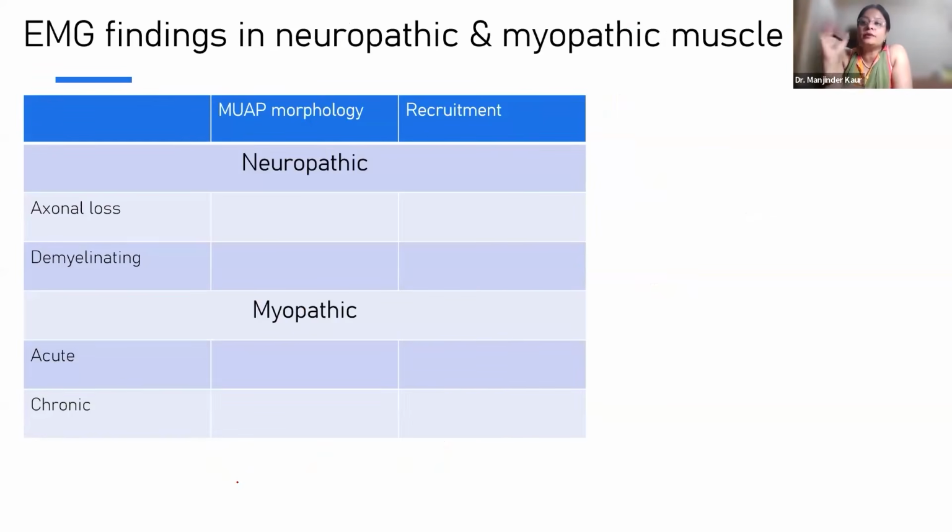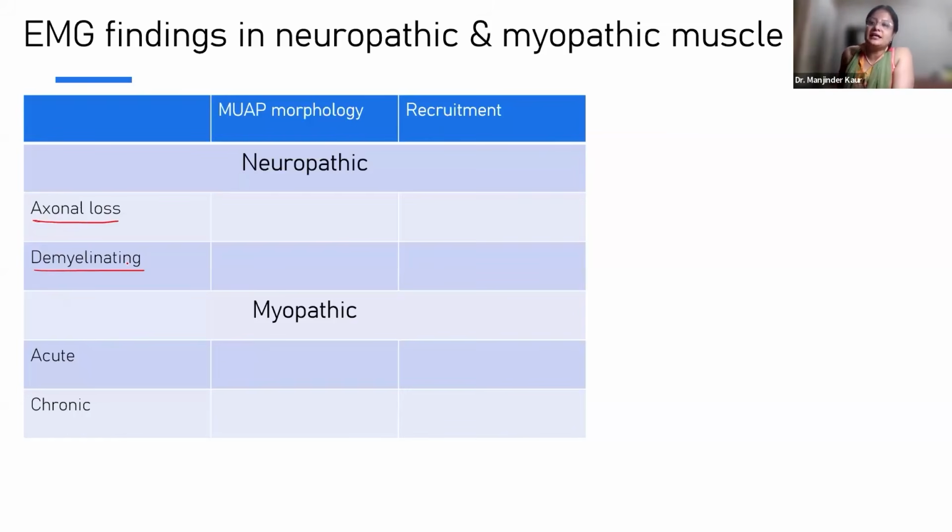Though this topic is super broad, I can talk about almost a week on neuropathic and myopathic lesions. But for you, you just have to take home one-liner messages, which will help you in answering your MCQs.